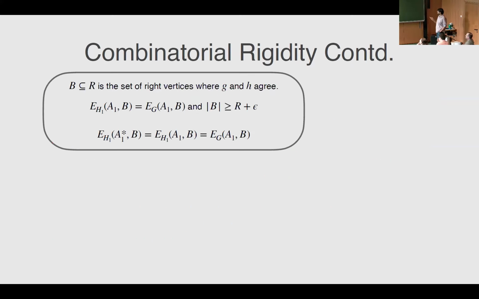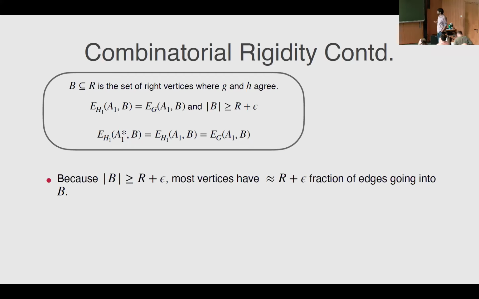Okay, so we have this setting where B is like the right agreement set, and we have two sets A1 star and A1, both of which have almost untouched edges when constructing H1. So why can this not happen?